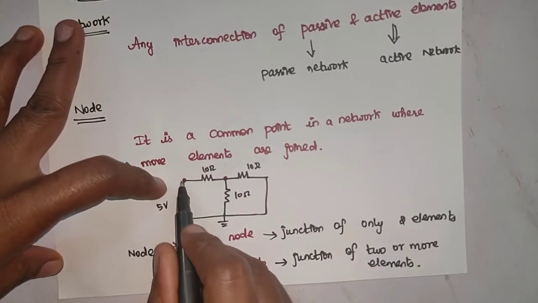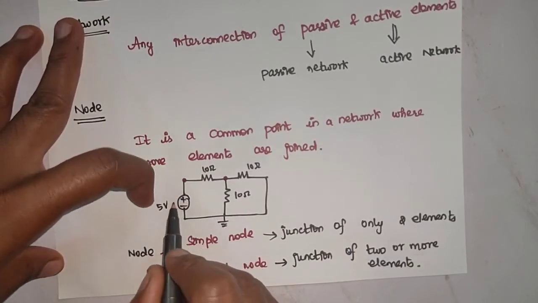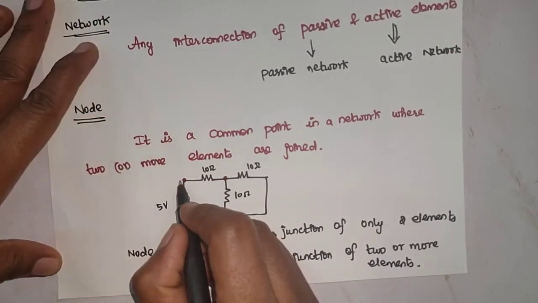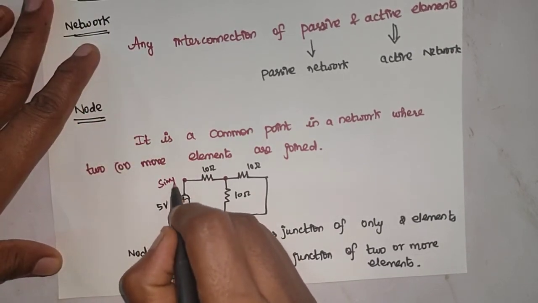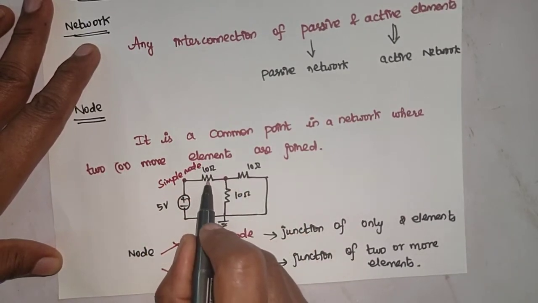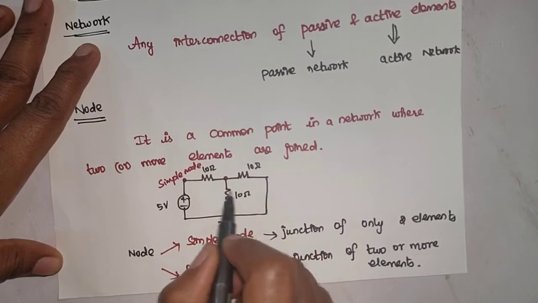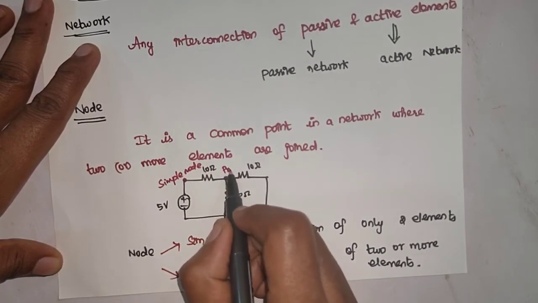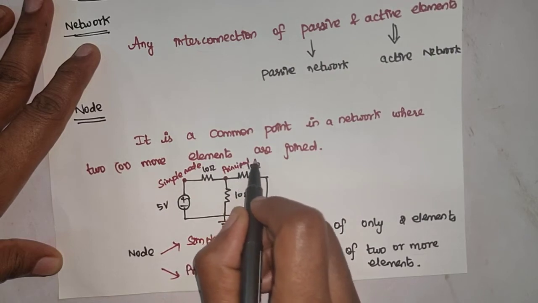There is a connection of two elements. One is voltage source, another one is resistor. So this node is considered as simple node. There is a connection of three elements. Three resistors are connected in this common point. So this is considered as principal node.